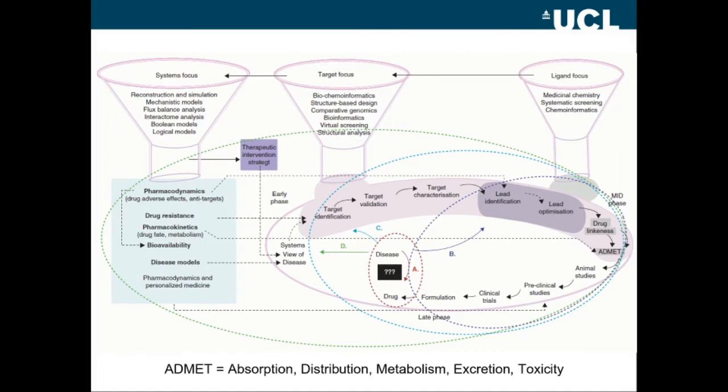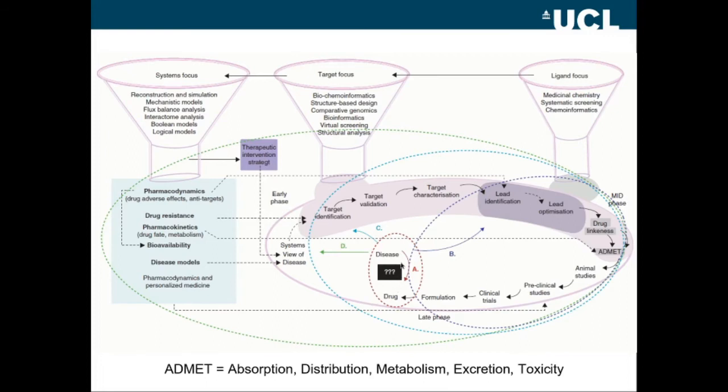So if we look in the middle at this region here, labelled A, the simplest kind of traditional approach is that we have a disease and we try lots of different drugs and we see what happens. Usually, of course, we're doing that initially in tissue culture or animal models or whatever.